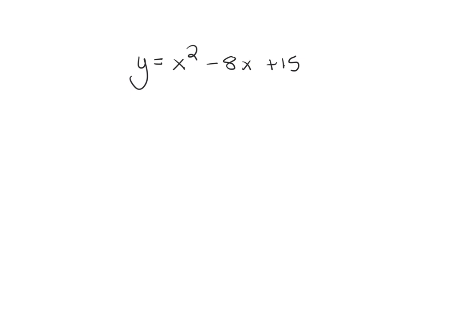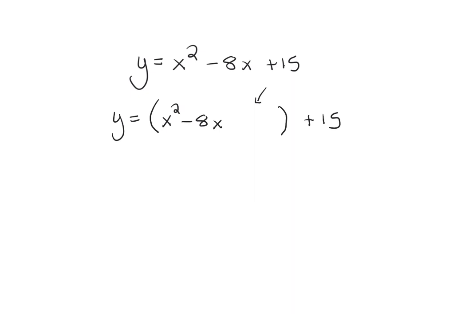Okay, now converting standard form to vertex form. This can be a little confusing. There is a part of this that is similar to our lesson on completing the square. I'm going to put the first two terms in parentheses, leave some space, and then plus 15 on the outside of the parentheses.